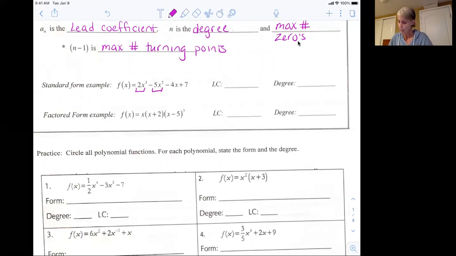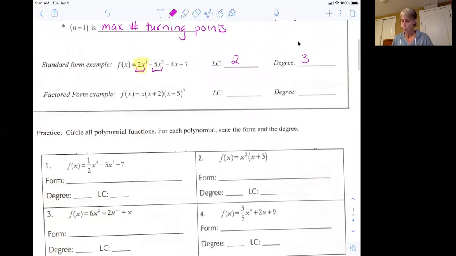So this guy out here, the 2x cubed, that's going to be our term with our highest power. So in this particular situation, the lead coefficient, the number out in front, is 2, and the degree of this polynomial is 3. So in your head, you could think, oh, it can have 3 zeros.